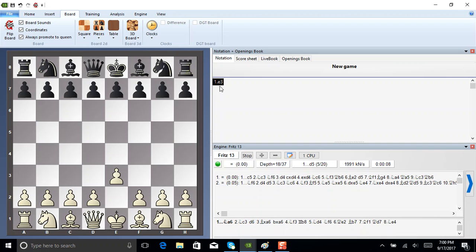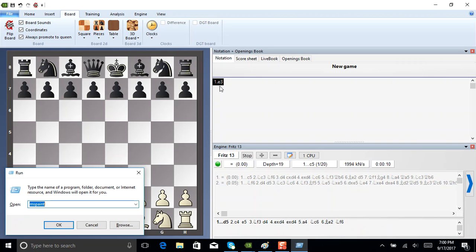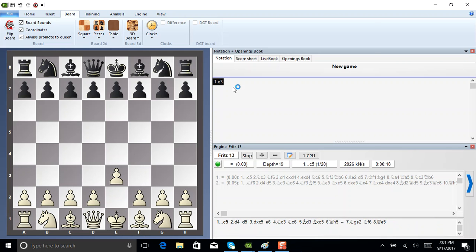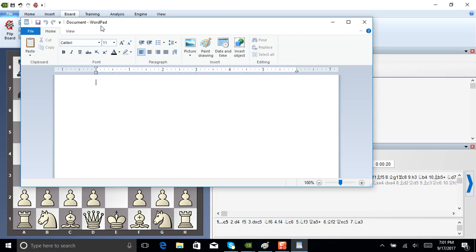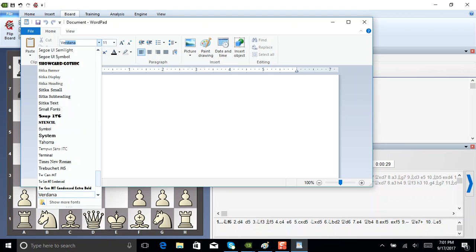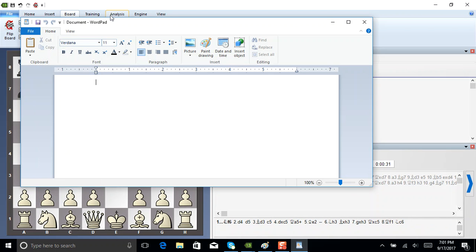So let's start a score sheet that's big enough that we can see it. And we'll show that move a little bigger. And let's make this Verdana 18 just so those of you at home can see it well.